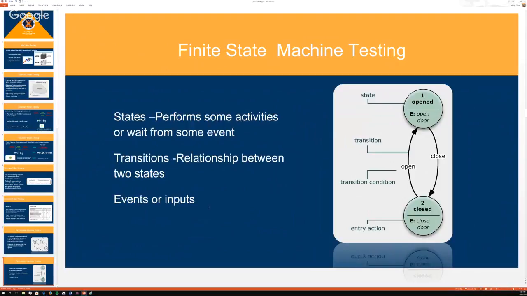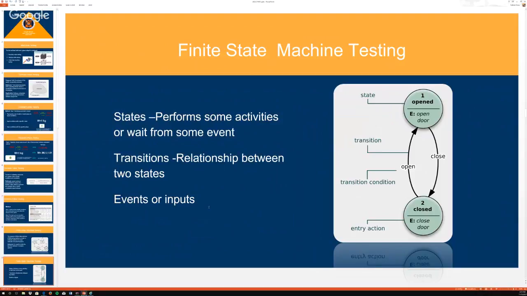So we have to define three things to do these tests: states, which are activities or waiting for some event; then the transitions between the states; and events or inputs that must be put in the system to have a specific transition.